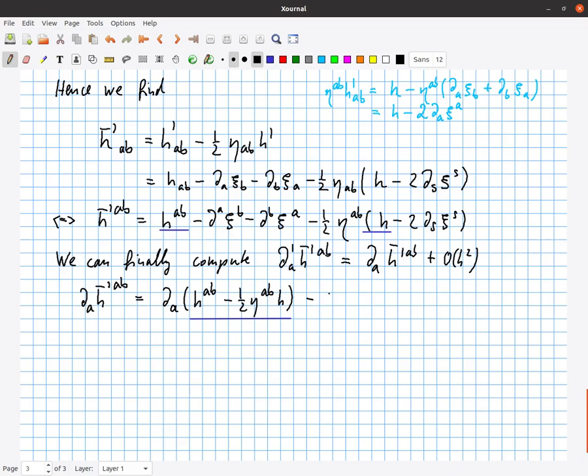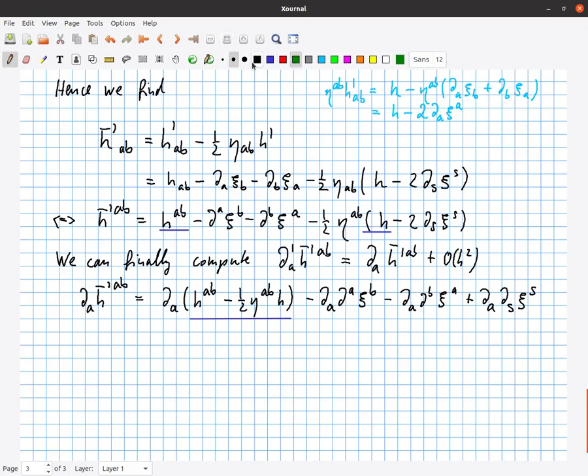First term here gives us minus partial_A partial^A xi^B minus partial_A partial^B xi^A. Here's a factor of 2, there is a half, therefore this becomes a 1. Here's a minus, there's a minus. Those two together become a plus. Therefore I get here a plus partial^B partial_S xi^S.